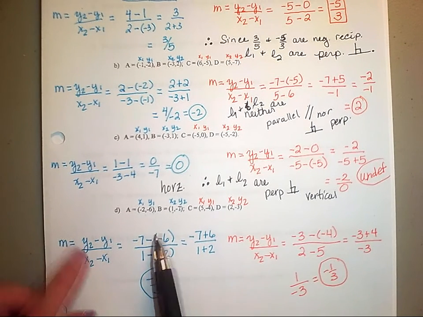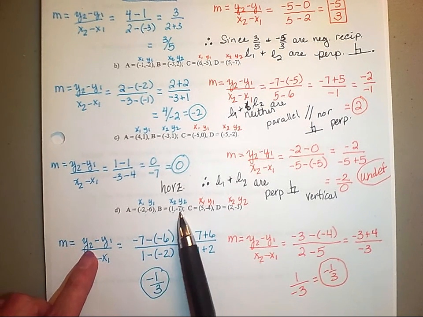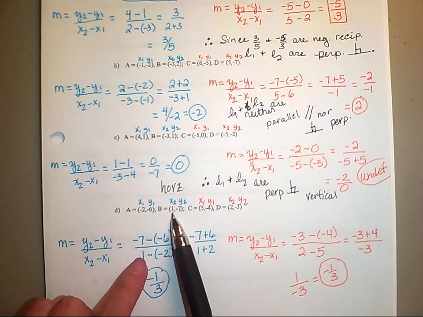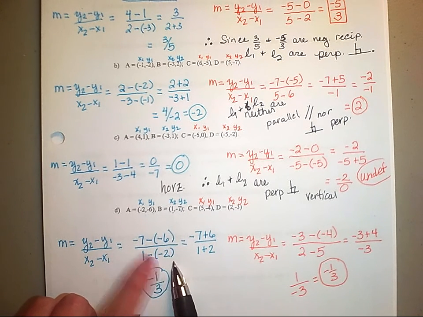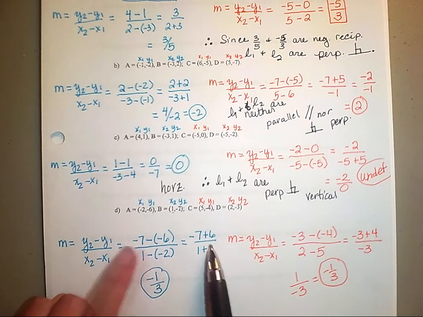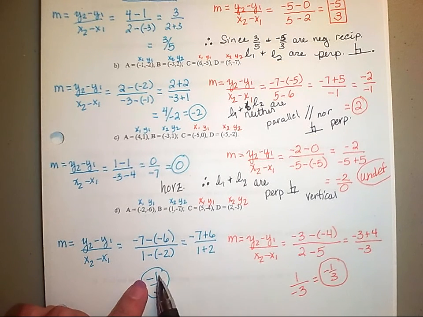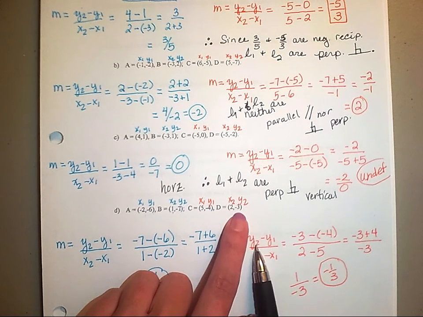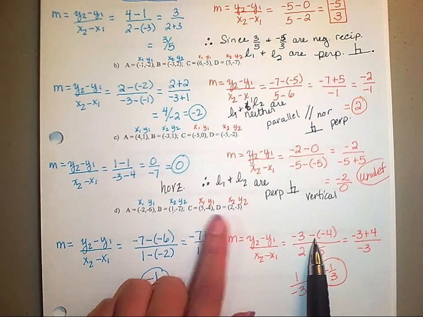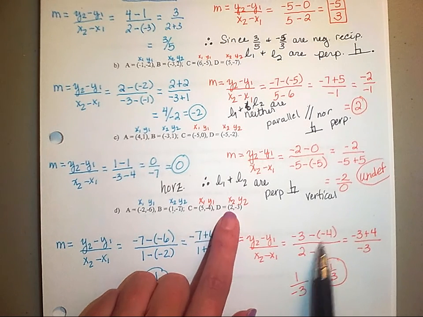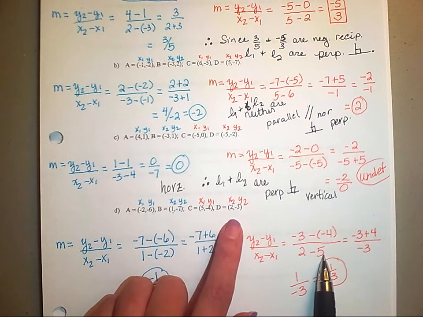Alright, let's see for our last one now. y2 is negative 7 minus a minus 6, 1 minus negative 2, so we have 7 plus 6 over 1 plus 2, so negative 1 over positive 3. Now in this case, negative 3 minus a minus 4, and 2 minus 5.